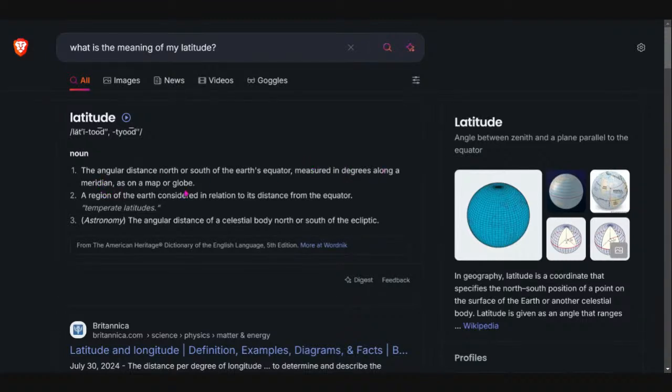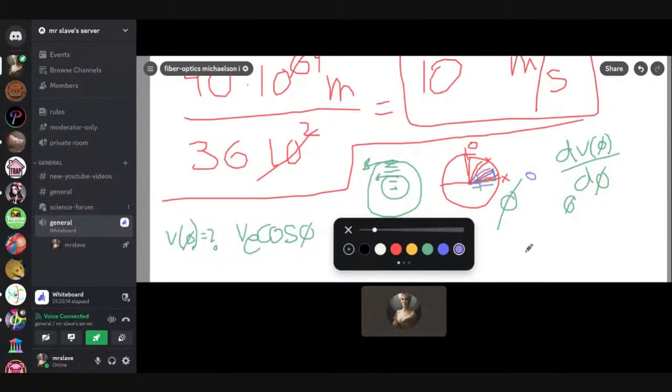Perfect. So that's all you want. You want your latitude. So if you're 40 degrees in Ohio, then you take the cosine of 40 and you multiply it by 11,000.